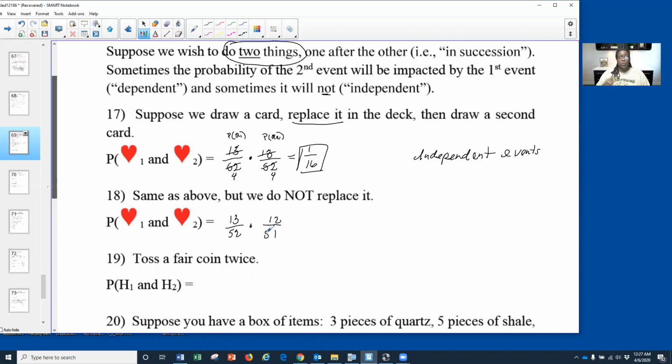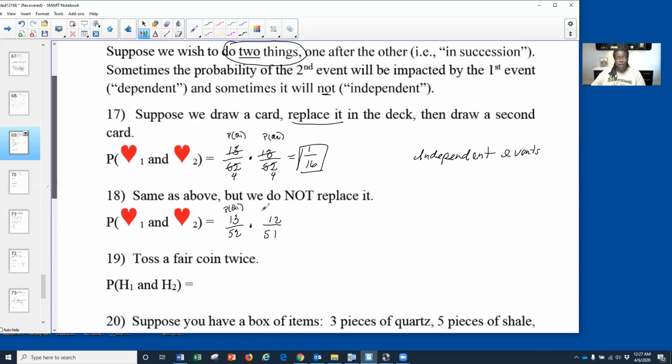So now, when we did this second event, because if we're saying that this first card that we pull is a heart, then the second card that we pull is going to be affected by that first pull, right? So now let's do some simplification. So what do we have? Remember, here we have our P of Q1, probability of this happening.